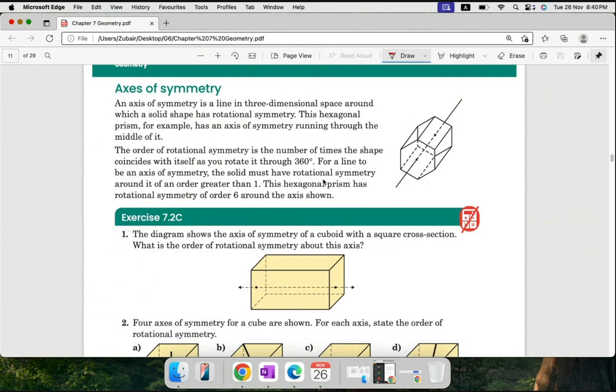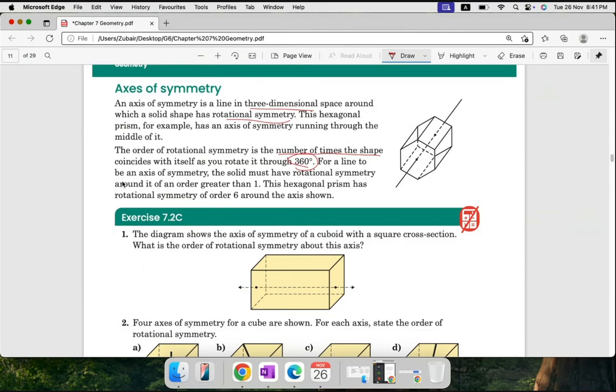Axis of symmetry. Now we are moving toward 3D shapes. An axis of symmetry is a line in three-dimensional space around which a solid shape has rotational symmetry. The hexagonal prism, for example, has an axis of symmetry running through the middle of it. The order of rotational symmetry is the number of times the shape coincides with itself as you rotate it through 360.